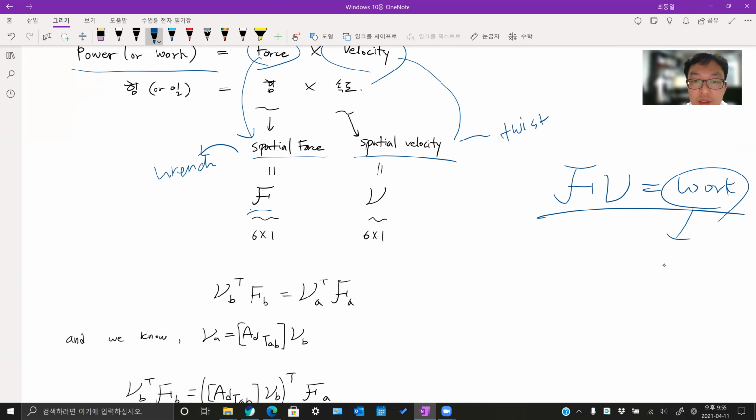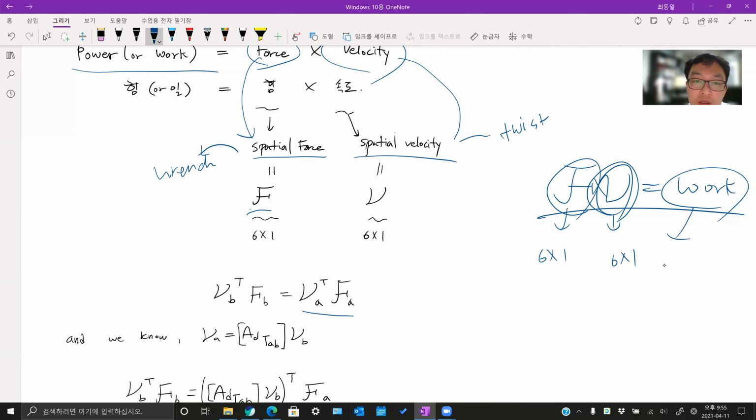So this one is a 6 by 1 vector, and this one is also a 6 by 1 vector. To multiply them, we transpose this one.